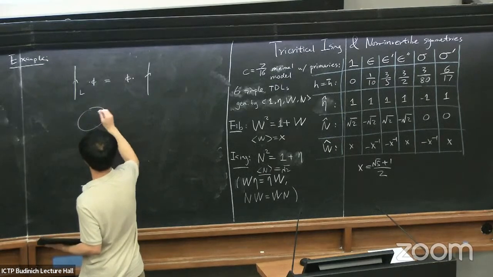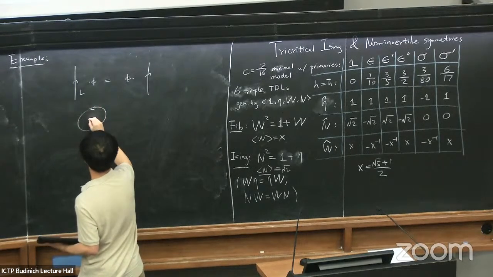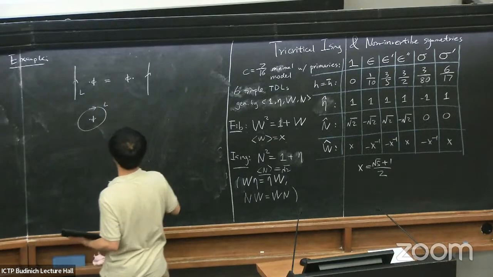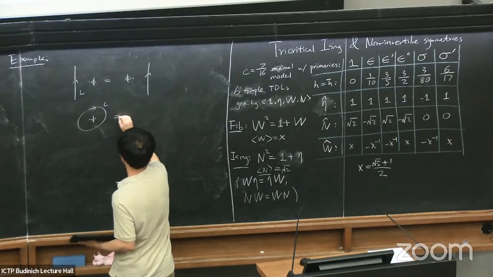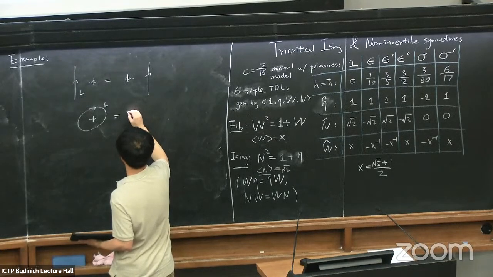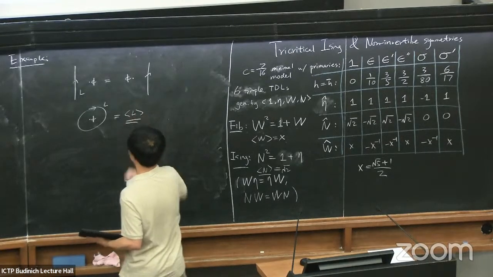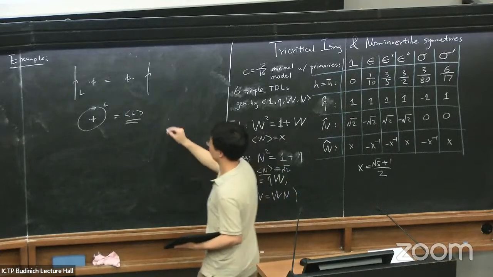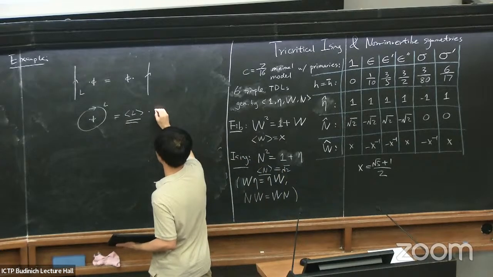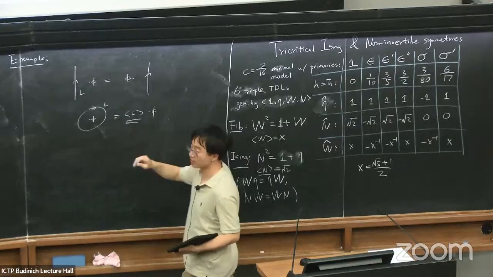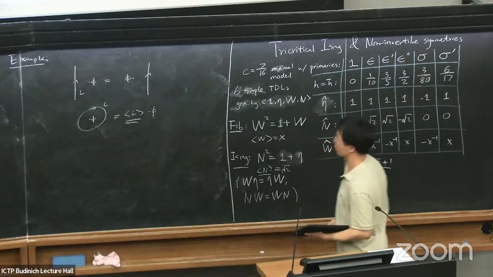This diagram is equal to the VEV of the topological defect line multiplying this operator. In terms of this diagram, this will be the equivalence relation.